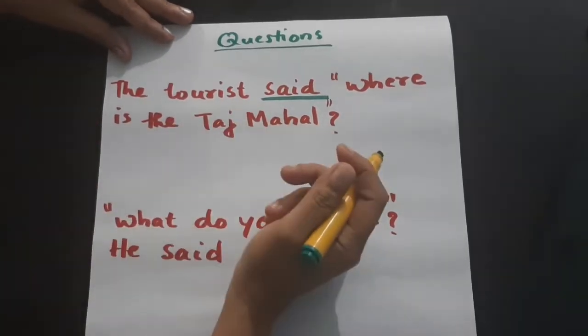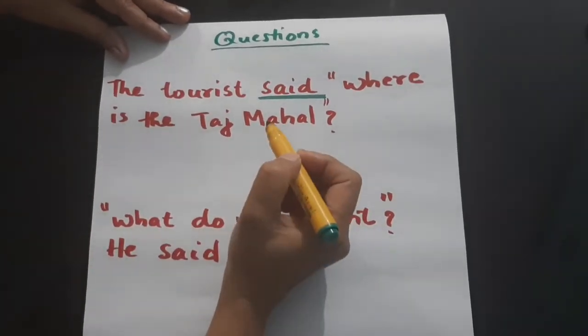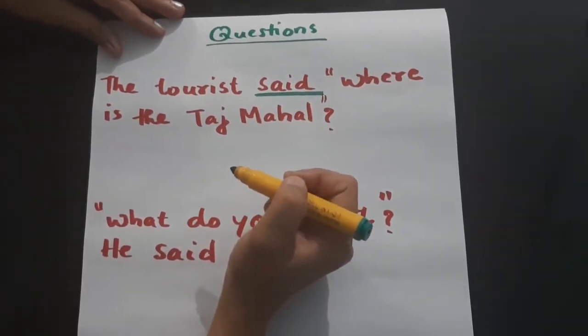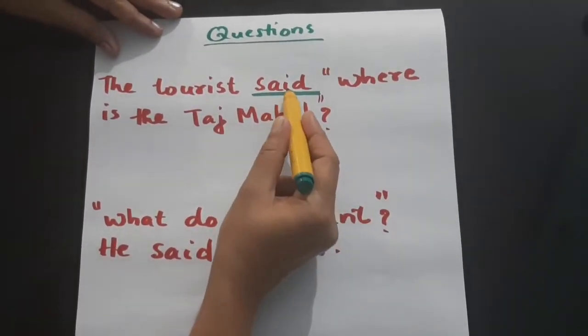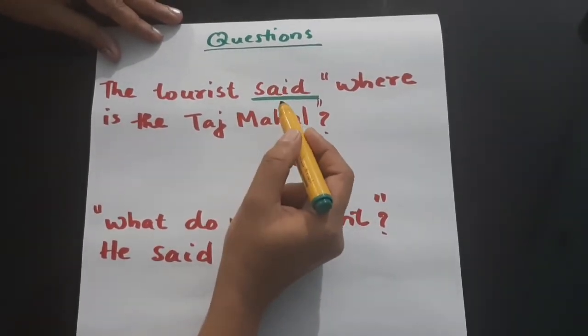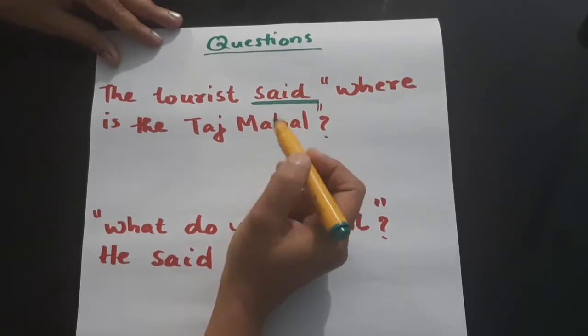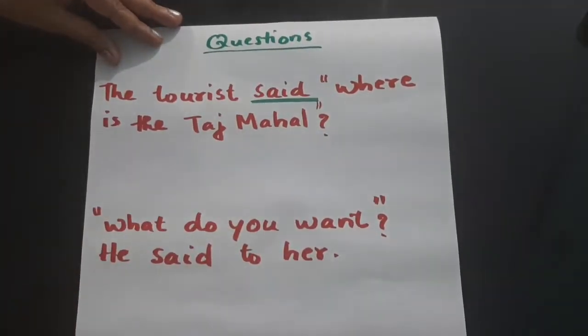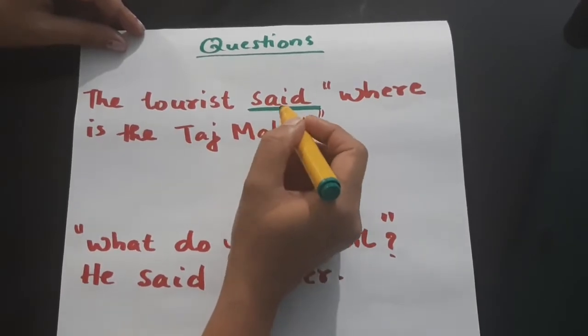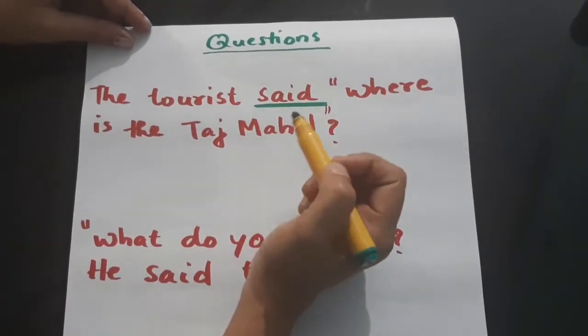See, you know that in the case of statements, we used two reporting verbs, said and told. What in the case of questions? Okay, do you know which is the reporting verb that can be fit for these questions?